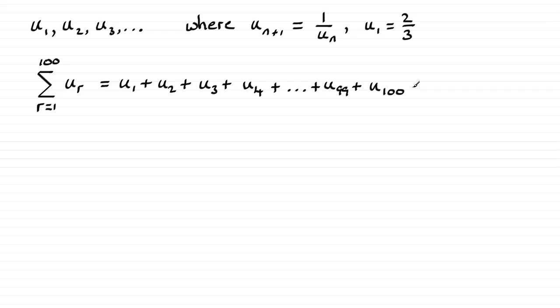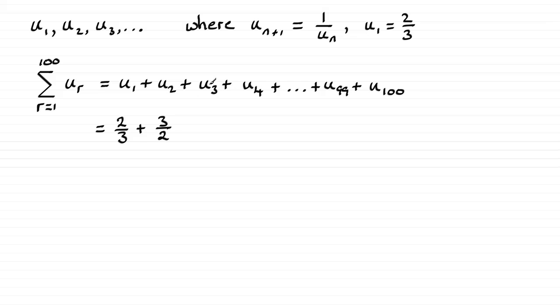And if we start filling this in, u1 being the first term, we see it's 2/3, and then u2, using this result here, is 1 divided by u1. So we've got plus 1 divided by 2/3, which is 3/2. You just need to invert the fraction.